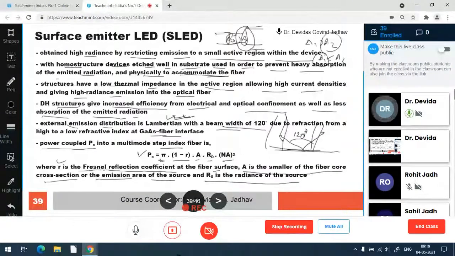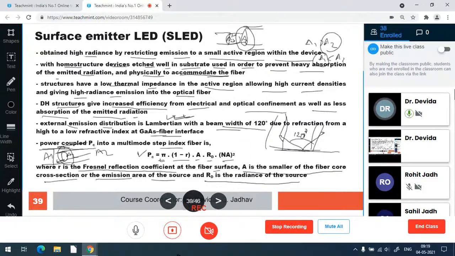Now suppose the device area is higher. I will draw it on the lower side. Device area is more, but optical fiber area is less. This is the cladding and this is the core. The device radiates over this much area, but light is coupled only in a very small area. A2 is very small and A1 is large. So what is the effective area of coupling?